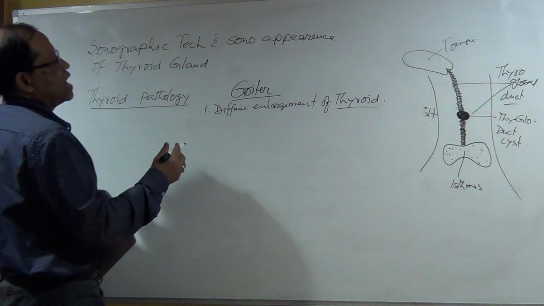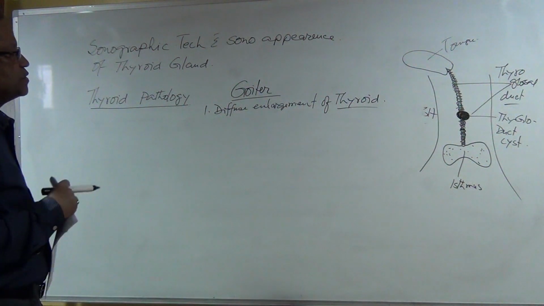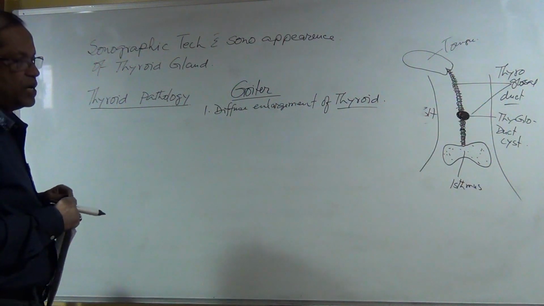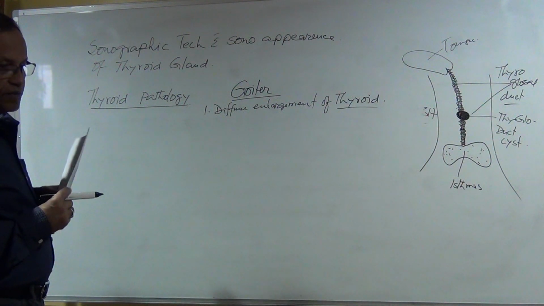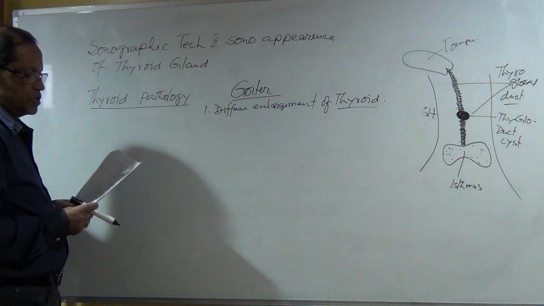But most of the time the goiter, there is a diffuse enlargement of the thyroid due to iodine deficiency and also colloid deposition.